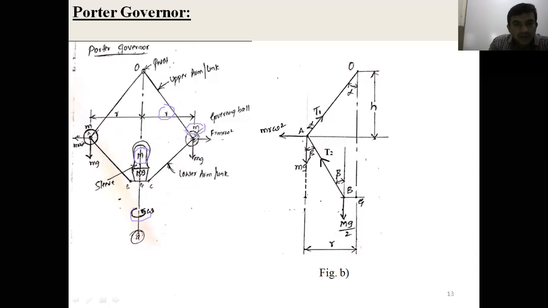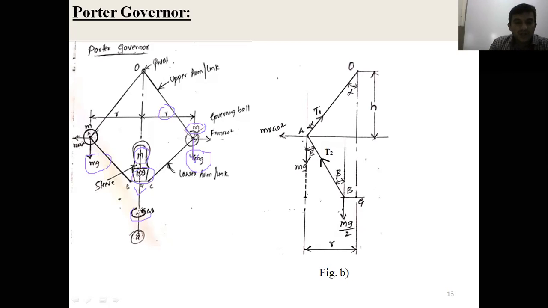Due to the mass of the governor ball, the weight of the governor ball is m into g, that acts vertically downward. At the same time, the weight of the sleeve acts vertically downward. That weight is capital M into g.